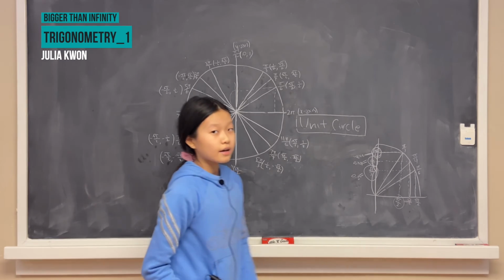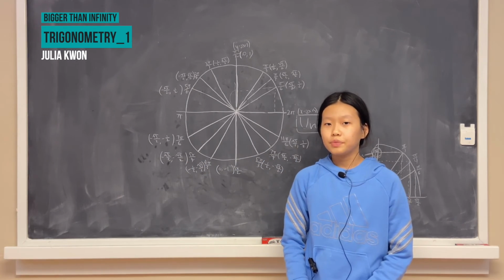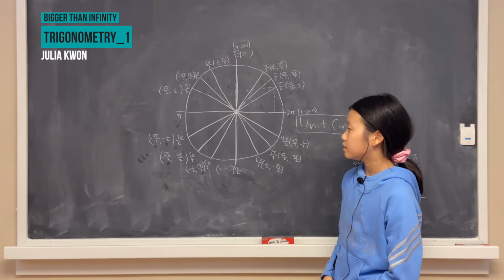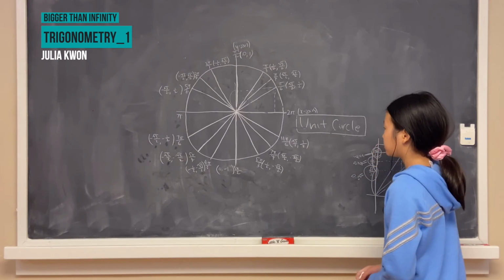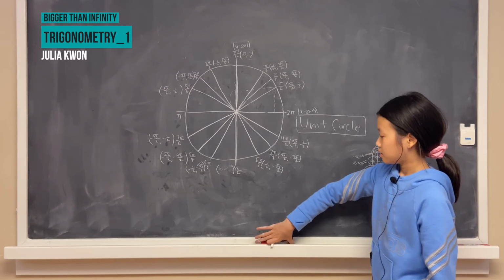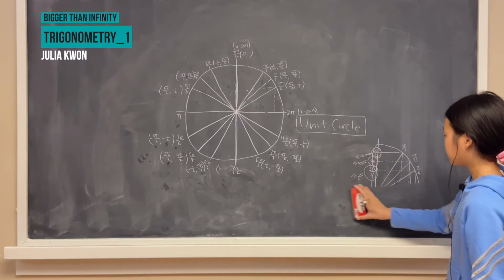So now that I have explained how you can find the values of sine and cosines, I would like to explain how you can do it for tangents.